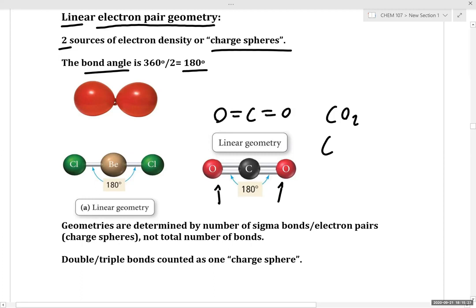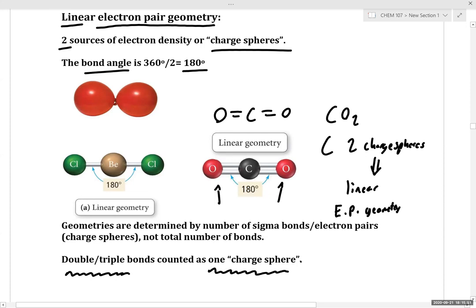How many atoms do we have bonded to carbon? We have two charged spheres, and that is why we have a linear electron pair geometry. Does that make sense to everyone? Again, double and triple bonds are counted as one charged sphere for the purpose of geometry.